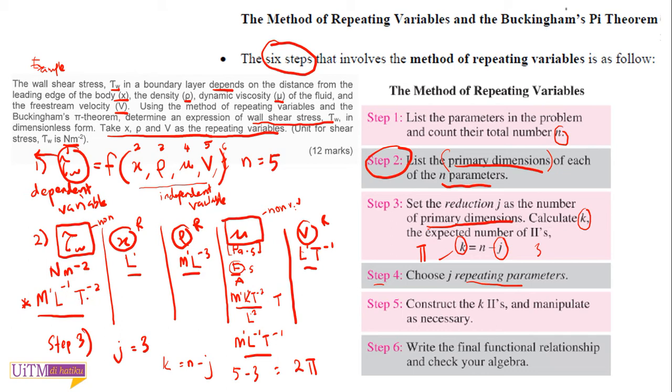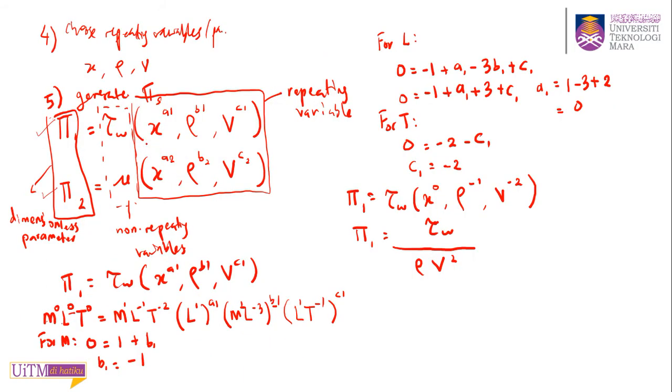Let's say you write your primary dimension for τ as ML^-2 or something wrong. It will affect your calculation of the exponents, so you will find the exponent numbers incorrect and get the wrong answer for your π.